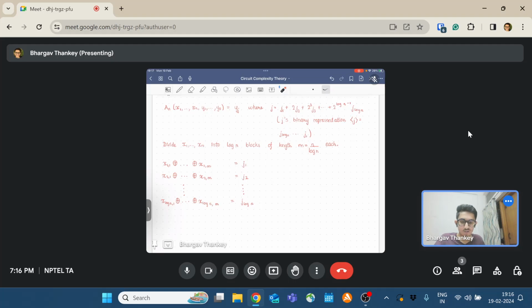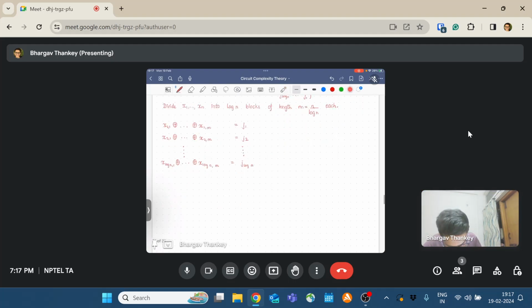So the strategy should be simple: first compute the index string, then index. Our task is to construct a formula, divided into two tasks. First, a formula to compute all of these, and then a formula to index. So the strategy is this.